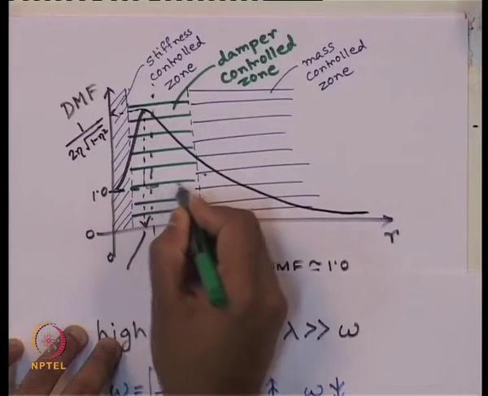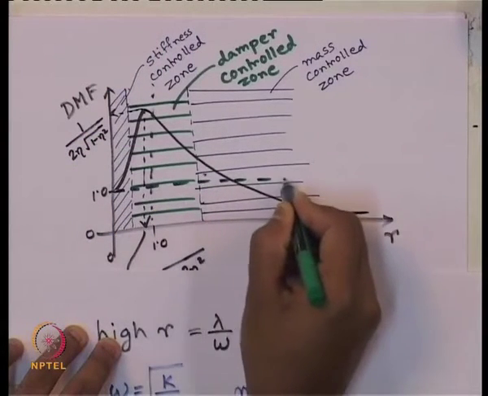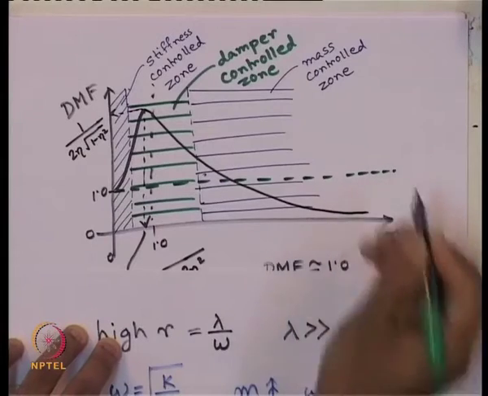So, in other words, the dynamic magnification factor for a very high value of R will be even less than 1. Let us look back to this graph. Let me draw this line at DMF equal to 1.